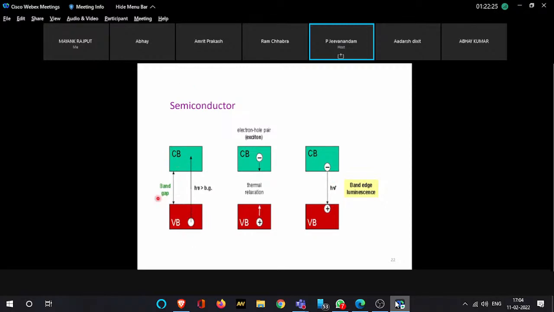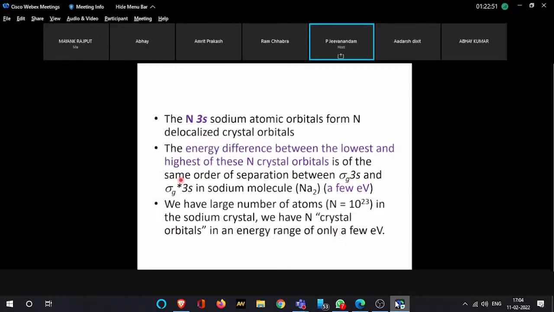Whatever we are showing here is coming from a group of orbitals. This valence band in that particular semiconductor, and this conduction band, are coming from particular groups of orbitals, obviously linear combinations. In a semiconductor, you will have a valence band completely filled and the conduction band empty, and you have some energy gap.